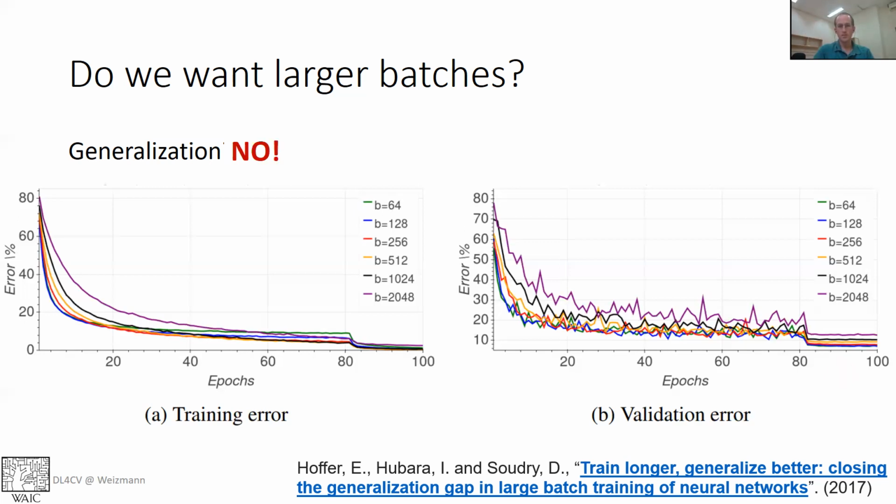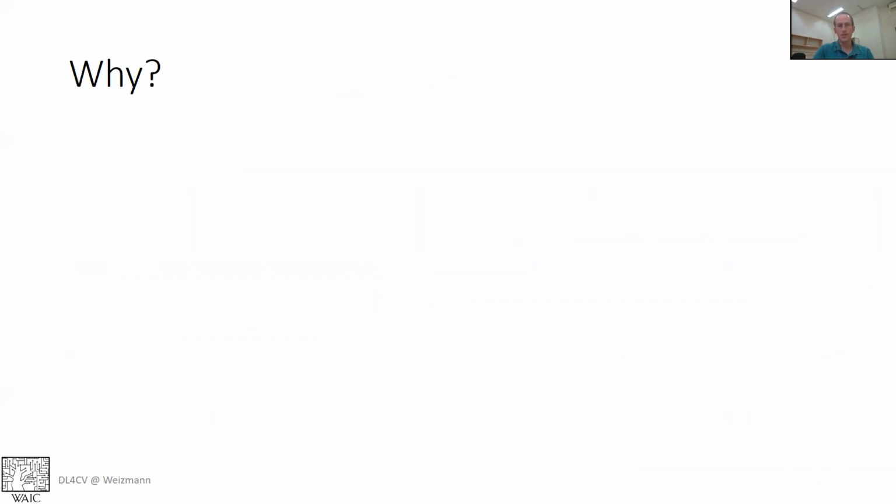So basically, it means that if we increase the batch size, we might be able to train faster, we might be able to train in a more efficient way, but we are not doing a very good job in terms of generalization. And why is that?